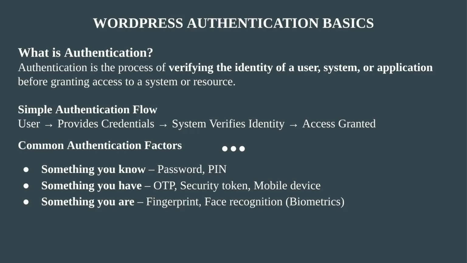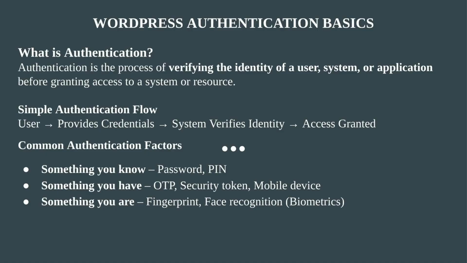WordPress authentication. Authentication is the process of verifying the identity of a user before granting access to a system. When a user attempts to access a website or application, the system needs to confirm that the user is who they claim to be.